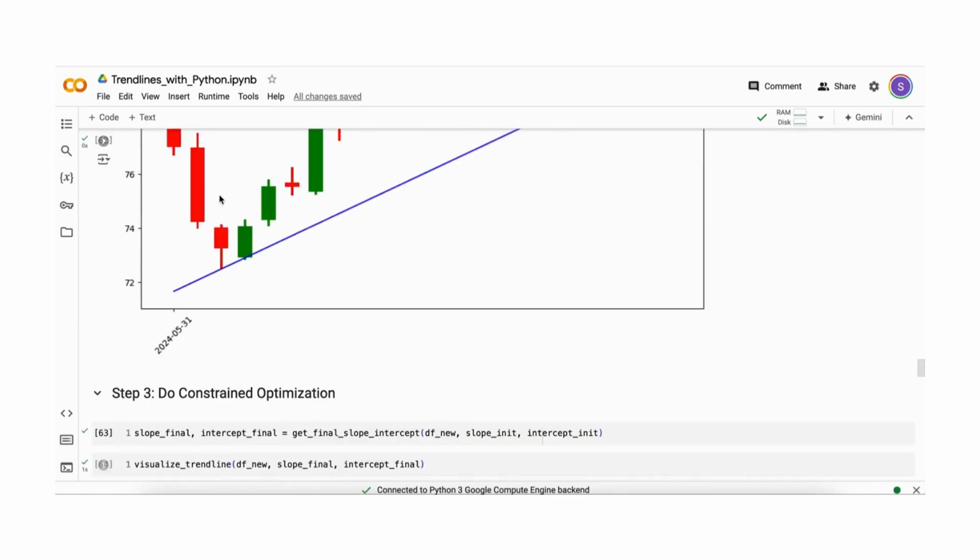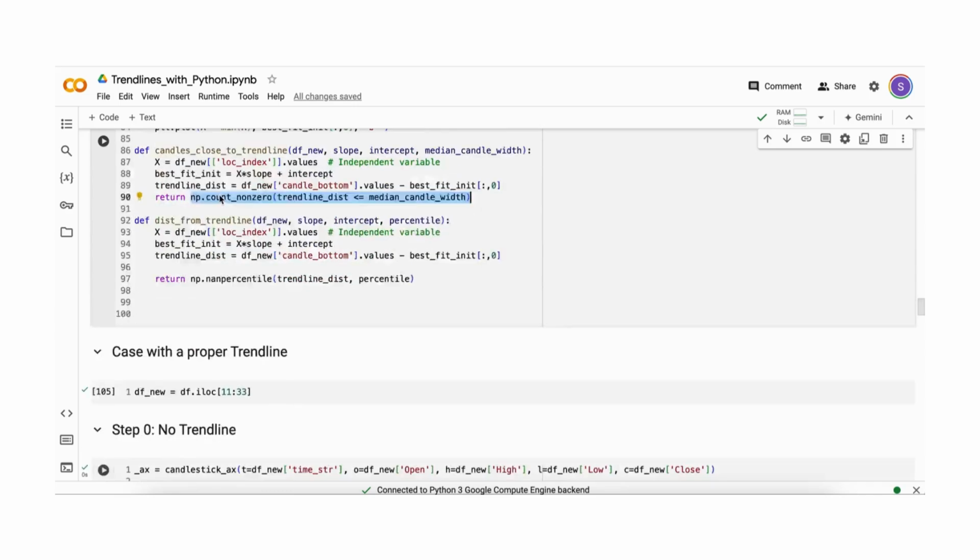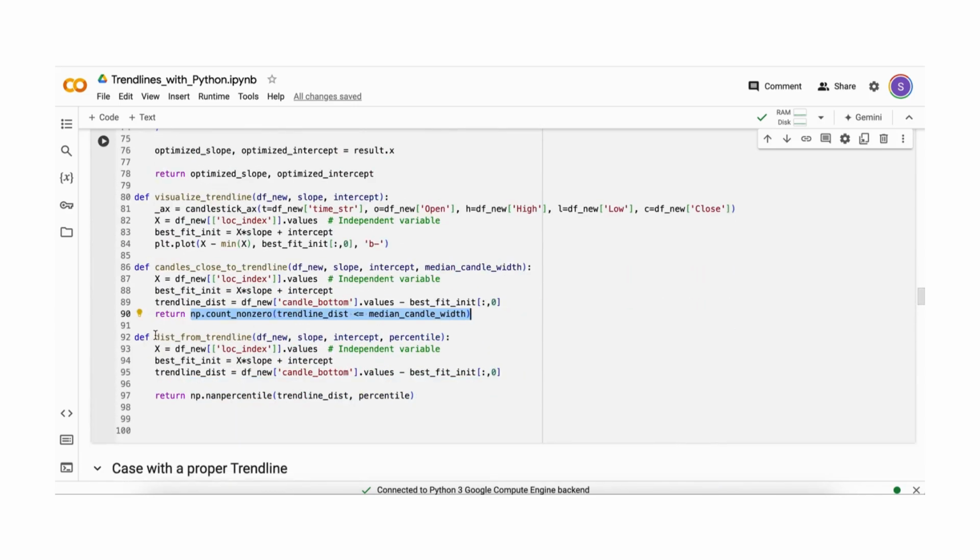The second idea to find a good trend line is to calculate the median distance from the trend line or some other percentile. Again, we find the distance from the trend line for each of the candles, and then we find some percentile of the distances. So percentile equal to 50 will be the median, for example.